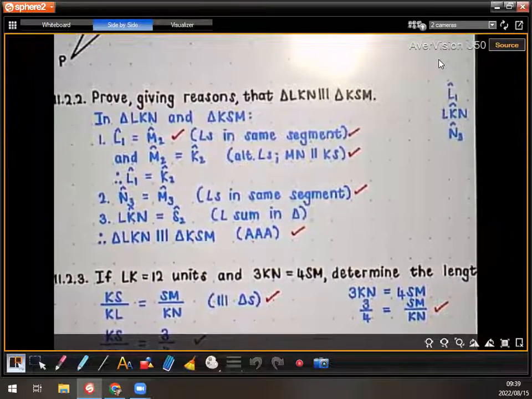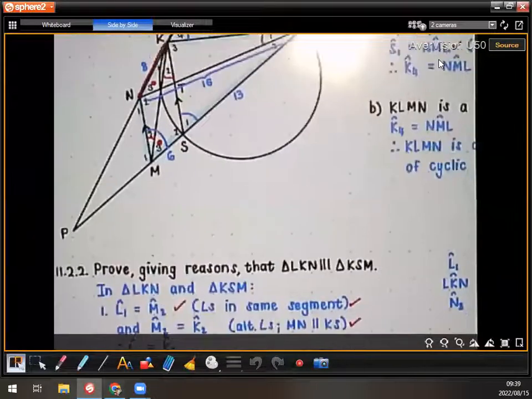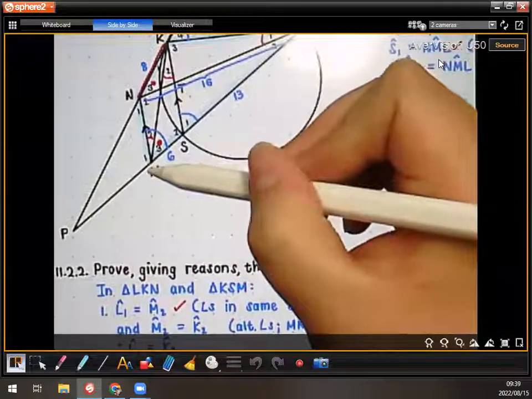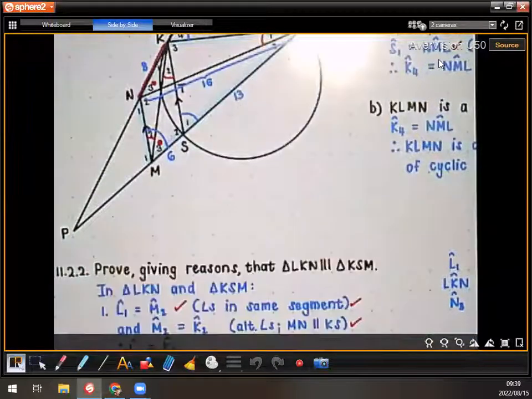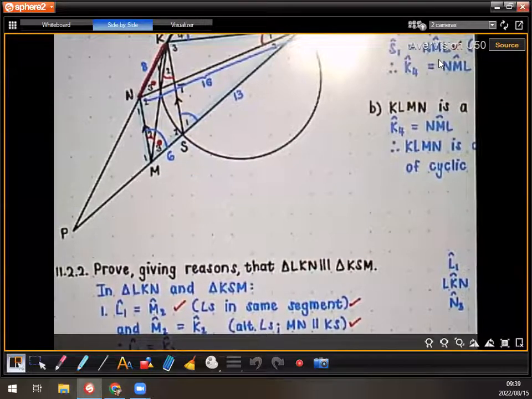L2, this is like the same thing. L2 is in the same segment as K1. They're both subtended by M2.